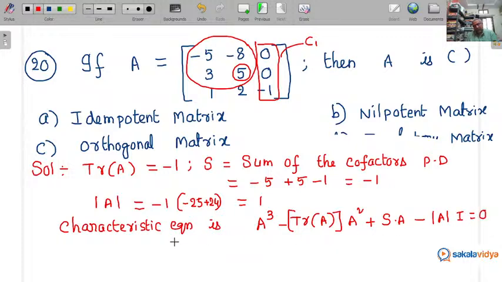So this is the characteristic equation for a 3 by 3 matrix. For 2 by 2 also we can define. So now substituting the respective values, A cube, trace is minus 1, minus of minus is plus, that we can write A square. S is minus 1, minus A. So this is 1, I equals 0, right.